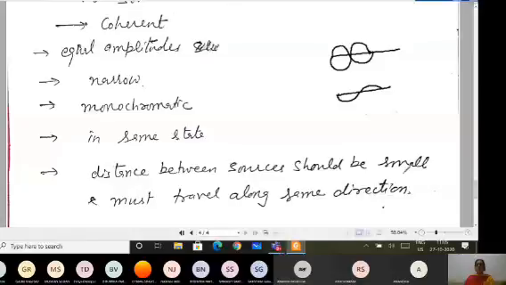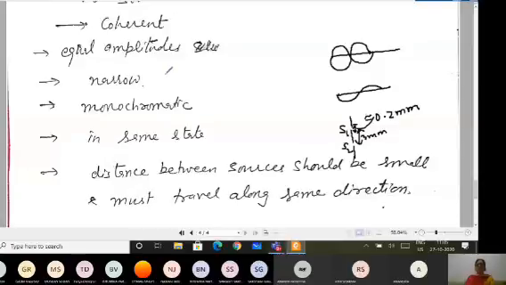So if this is S1, this is S2, this distance, as I have said to you initially also, is nearly 3 millimeter, and this distance, the source, is equal to 0.2 millimeter, nearly I'm saying. So narrow means this distance, the point source, how much the width of the slit is. Means slit width should be less.